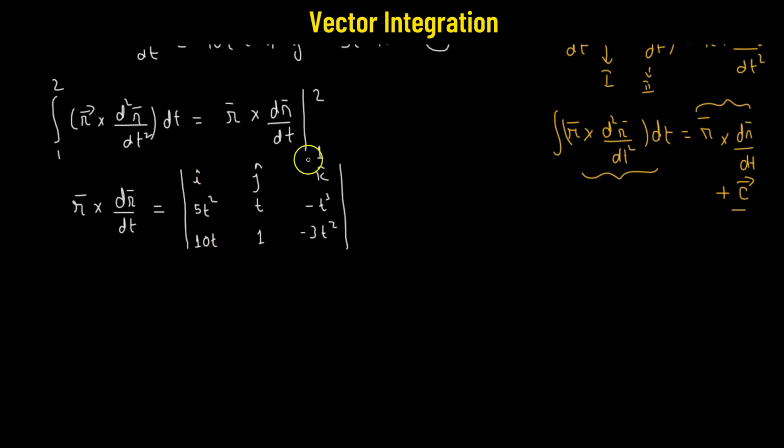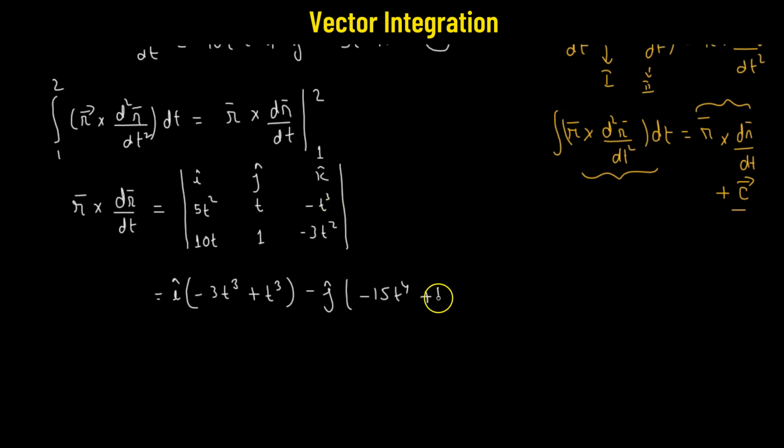We will expand it about the first row. So we have i cap multiplied to t times negative 3t squared, so that will be negative 3t cubed, minus 1 times negative t cubed. So this will become positive t cubed, minus j cap multiplied to 5t squared times negative 3t squared, so that's negative 15t to the power of 4, minus 10t times negative t cubed.